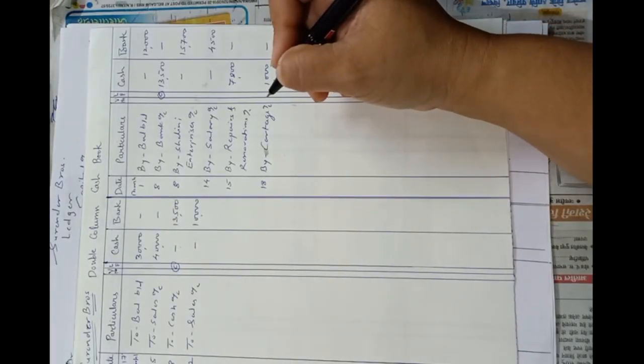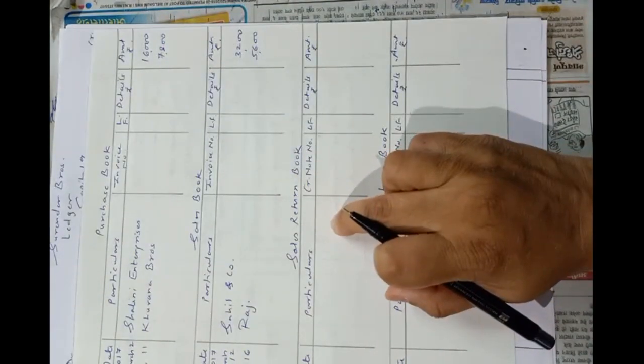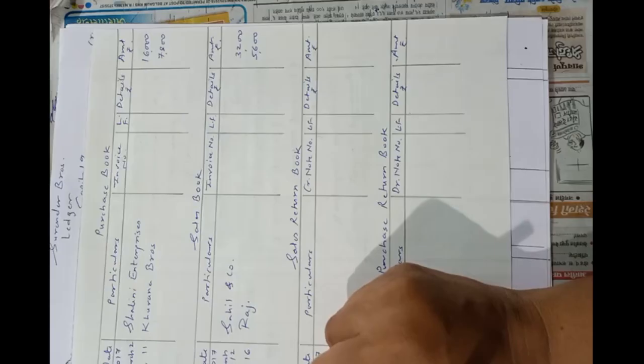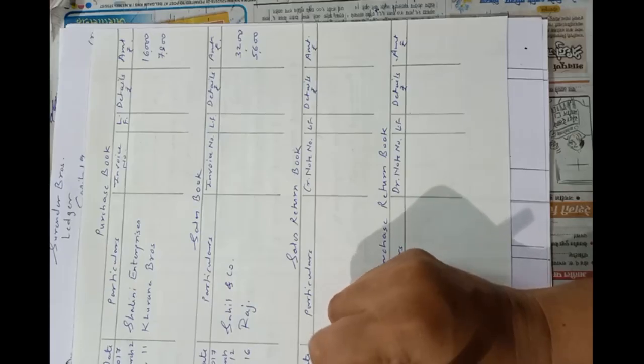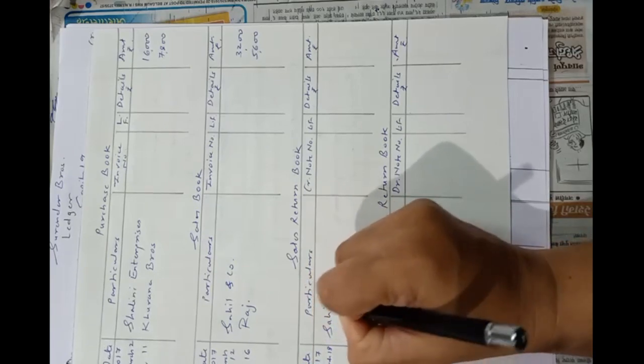Now received goods back from Sahil and Company worth rupees 2000. So this is sales return. This is the sales return book on 18th March, Sahil and Company, amount is 2000.